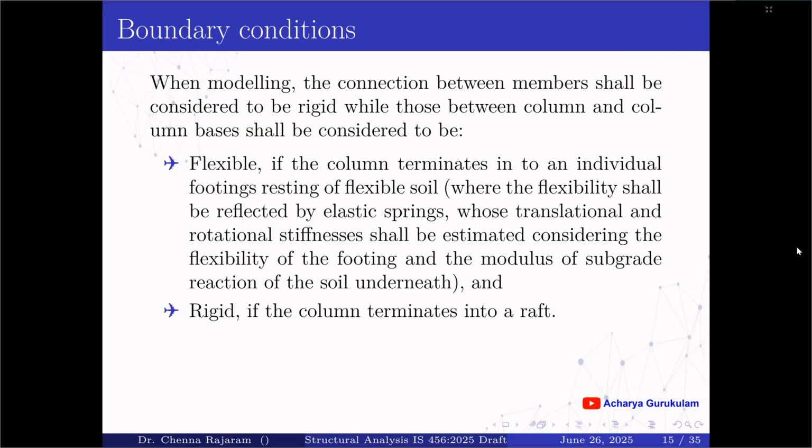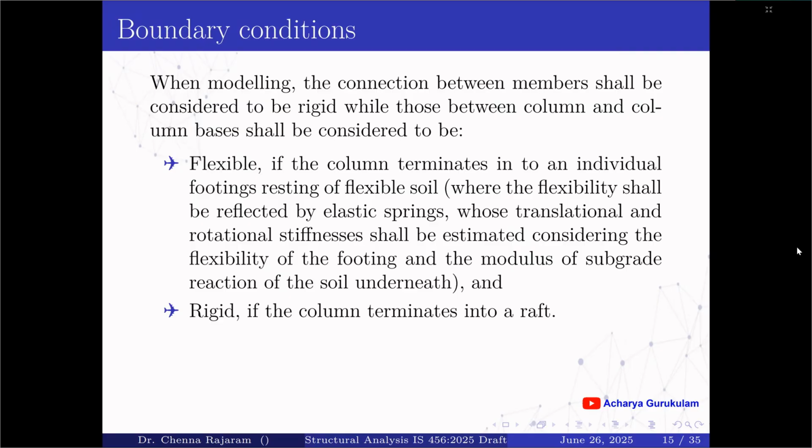Next, boundary conditions. When modeling, the connections between members shall be considered to be rigid, while those between a column and column bases shall be considered to be flexible.